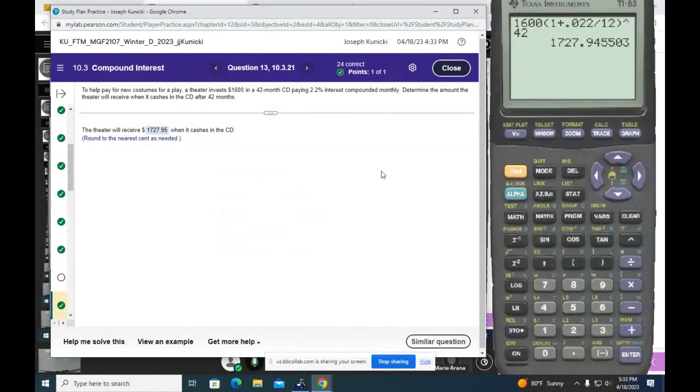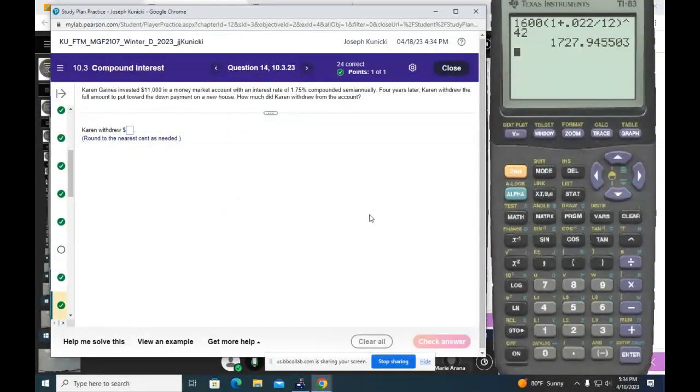Of course, they only get a little bit, they only got $127. Of course, that's because the percentage is 2.2%. It's real low, which is kind of realistic for modern times, actually. It's hard to get good interest rates right now. Everything's so bizarre.